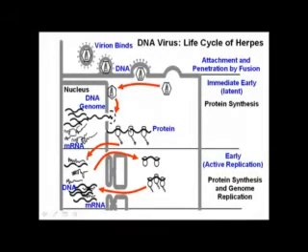For example, the thymidine kinase that herpes virus makes that helps it with viral replication. Okay? Now, again, we're going to continue getting protein synthesis, as you can see in the bottom half of this slide. But now, if you go back and look in the nucleus, we're starting to get some DNA made, which means we're having some genome replication, probably with the help of some of the proteins that we just made early on in that infection.